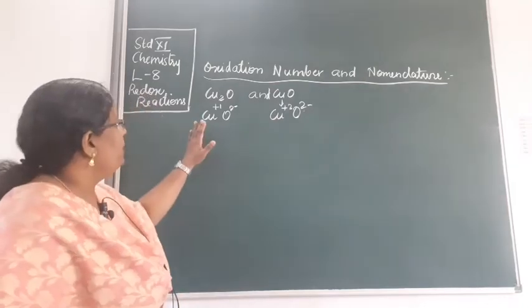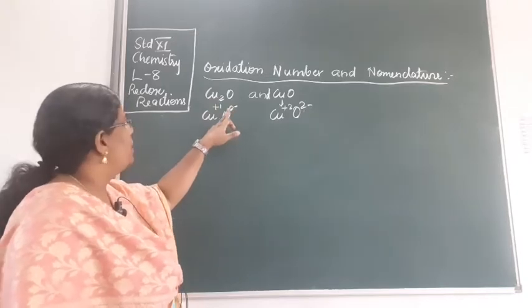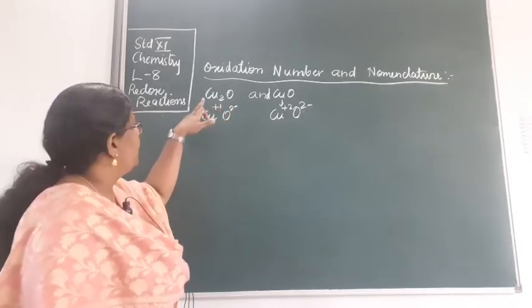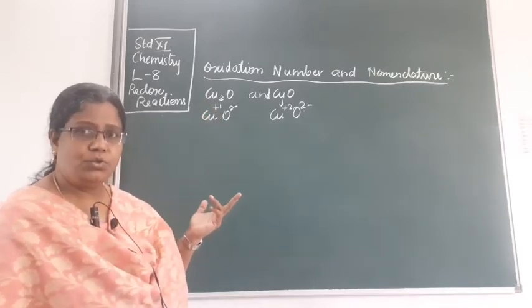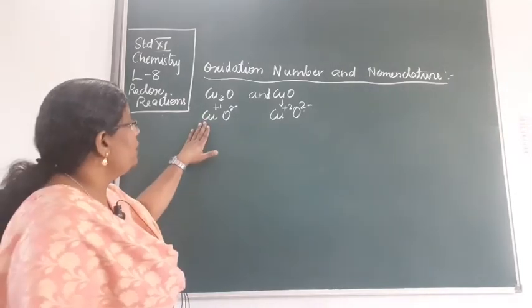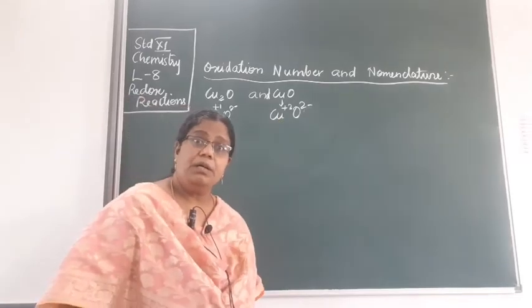Okay. So in this particular oxide also oxygen will carry -2 charge. So naturally copper will carry +1 charge. There are 2 copper atoms, so 2 copper ions will together give +2 charge, okay, and the compound is neutral.